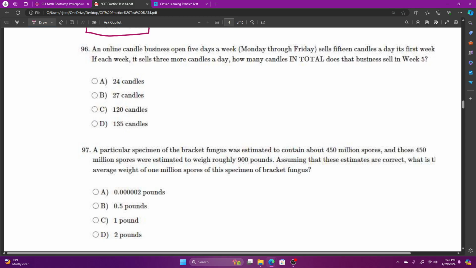If each week it sells 3 more candles a day, how many candles in total does that business sell in week 5? The first week to week 5. So week 1, week 2, week 3, week 4, week 5.